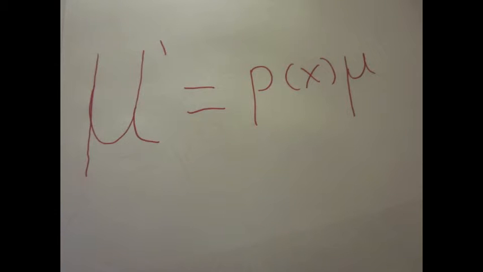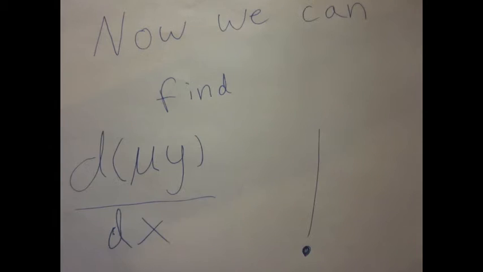Now that we've done that early on, we can find the derivative of mu times y. This might seem random at first. Why would you just pick a derivative of mu times y? But if you just take a close look at it, you can tell that if we actually find what that equals, then you can just take the integral of both sides, divide by mu, and you have your solution equation.